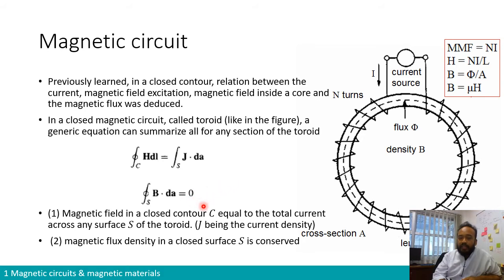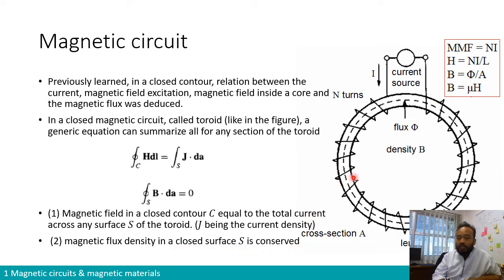It simply means that the magnetic flux density B multiplied by A, if you look over here, is the generalization of this equation. B multiplied by A equals flux. And it says that in a section, if we add up across the section, the flux equals 0, which means that the flux density in a closed surface S is conserved.